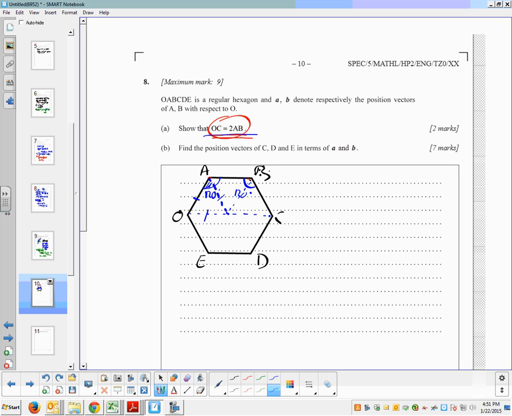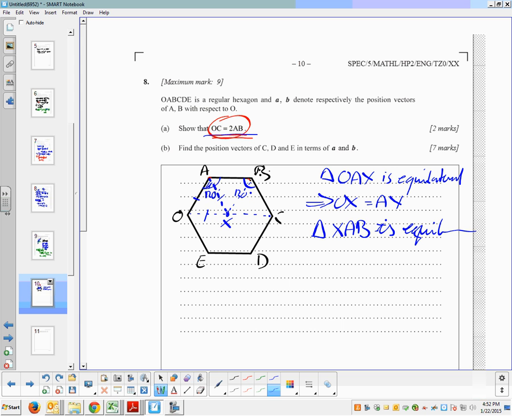So I think the easiest way to do it is to call that X. The triangle OAX is equilateral, since everything's 60 degrees, which implies that OX equals AX. Maybe being a bit more thorough than you'd need to be. Triangle XAB is also equilateral, which implies that AX equals AB equals OX.